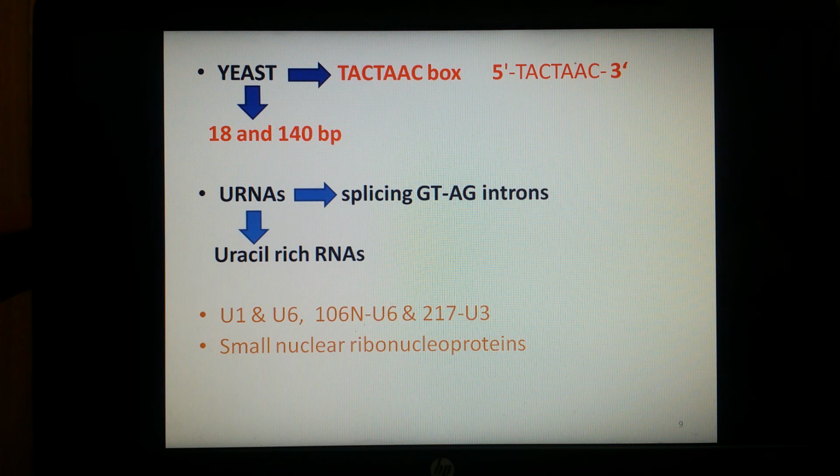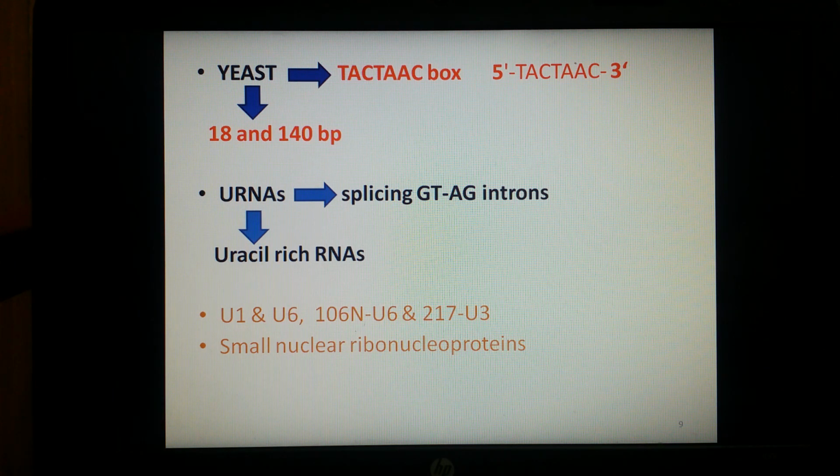They vary in size from 106 nucleotides for U6 to 217 nucleotides for U3. So their length varies, and the sequence of each type of uRNA is similar in all higher eukaryotes, and analogous molecules are present in lower eukaryotes such as yeast. uRNAs are stable RNAs, and they are as important as the ribosomal and transfer RNAs found in eukaryotes.